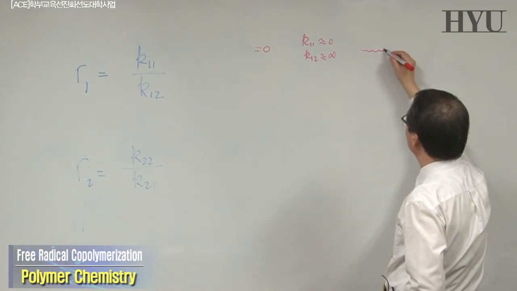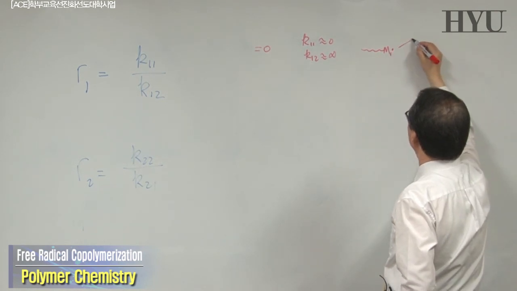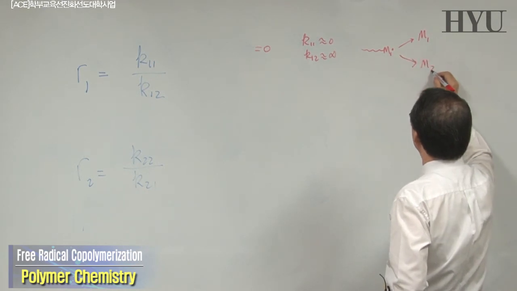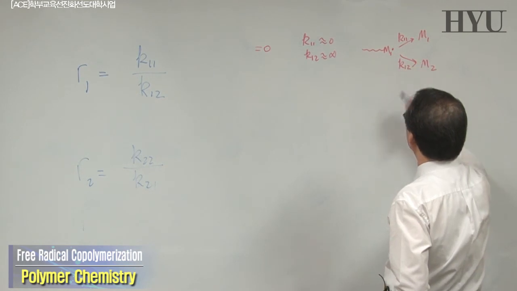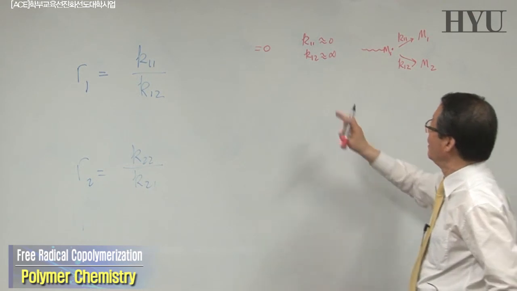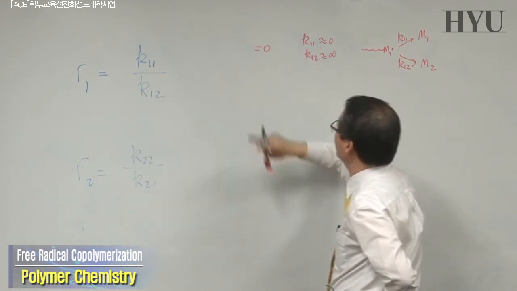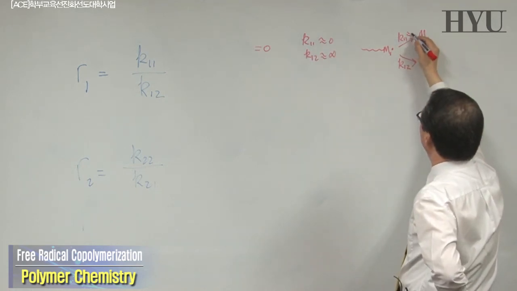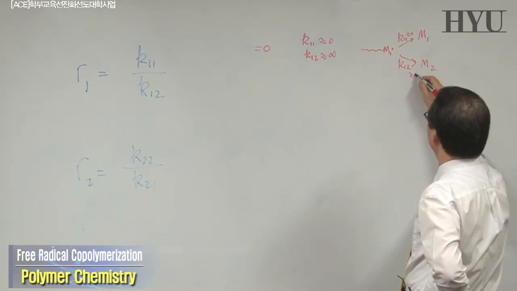If you have M1 dot meeting with M1 or meeting with M2, which is defined as K11, this is defined as K12, right? Now, if R1 will be 0, then K11 will be equal to 0, and K12 will be infinite.